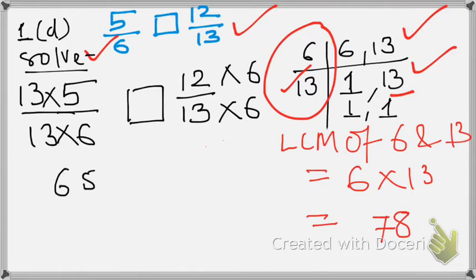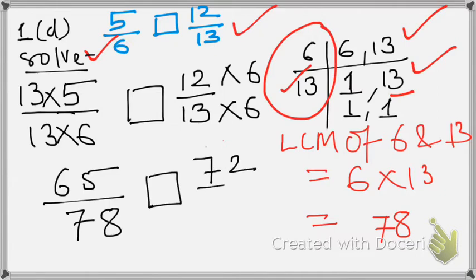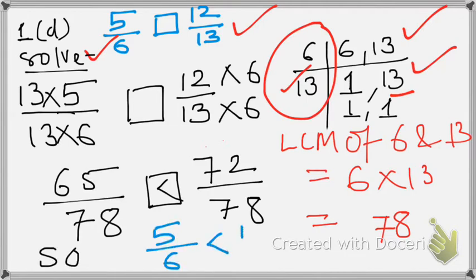Now it becomes 65 upon 78 and 72 upon 78. Now you can compare these numbers. You know that 72 is greater than 65. So our answer will be 5 upon 6 is less than 12 upon 13.